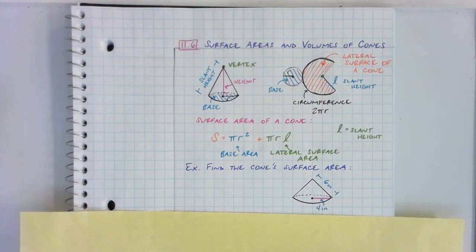The surface area of a cone or any three-dimensional shape is one of the most abstract concepts in the entire geometry subject. And it's the most abstract for a simple reason. It requires us to visualize or even just look at a three-dimensional object, whatever that object is, and unravel it.